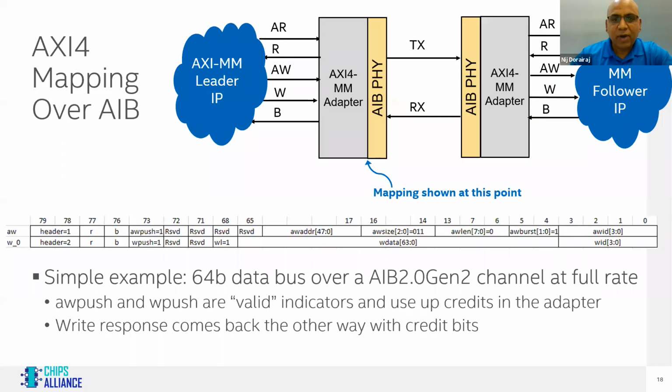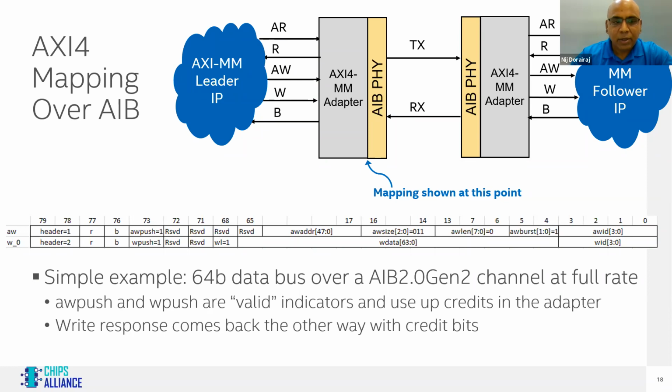Next slide. Here's an example of how this is sent across. All the 5 channels have to go through the AXI4 adapter to the AIB PHY, and then cross the wires and go to the follower. On the follower side, the AXI4 adapter recovers all the 5 channels and presents the AXI4 interface to the follower side.